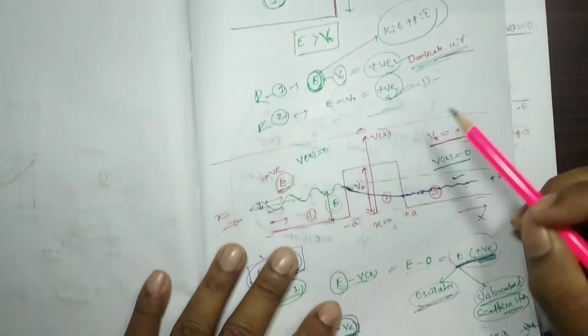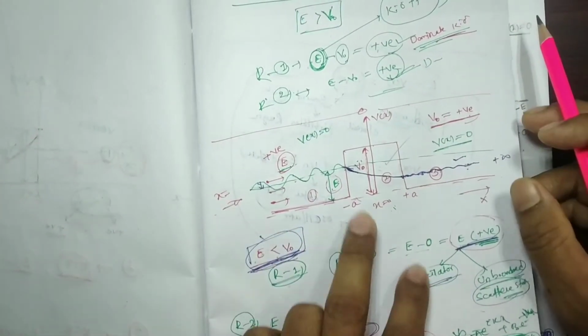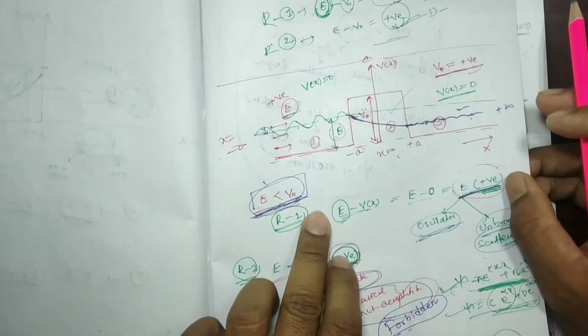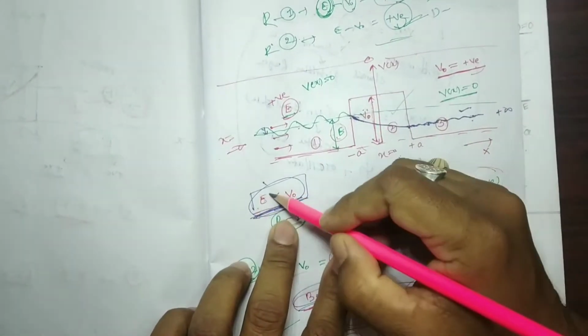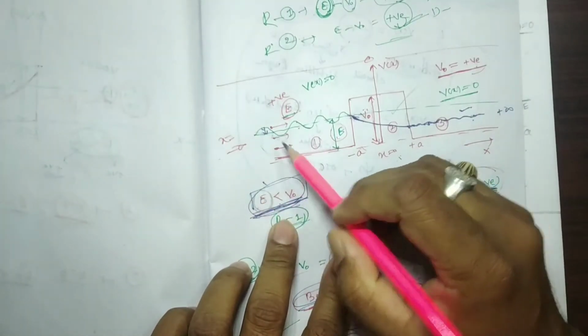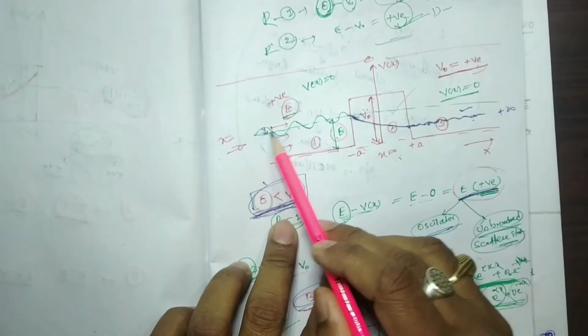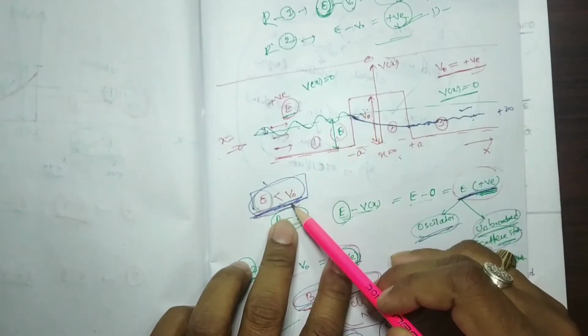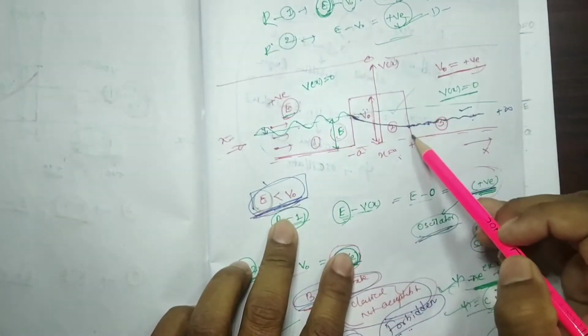This is one example we considered: potential step and rectangular potential barrier. We discussed that when E is less than V0, that is, the total energy, this is always the total energy, the total energy will be less than the potential of a region.